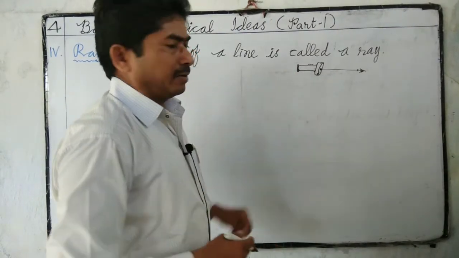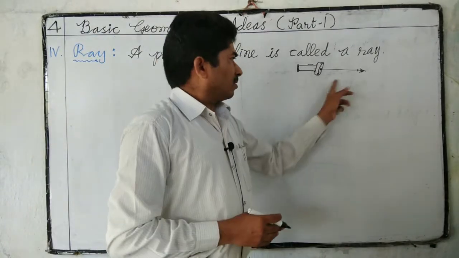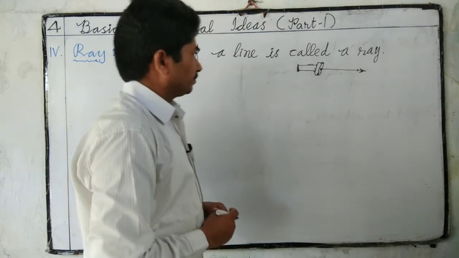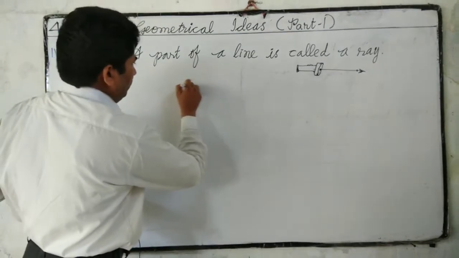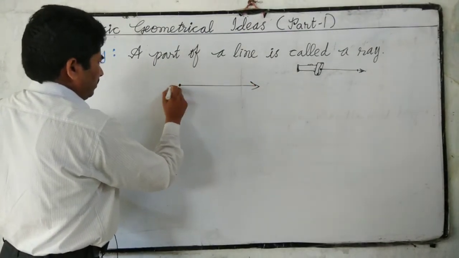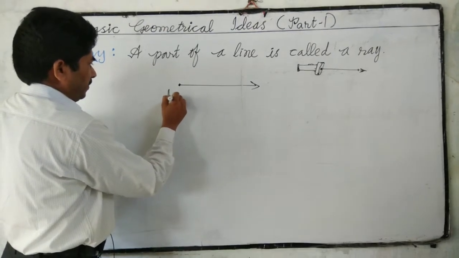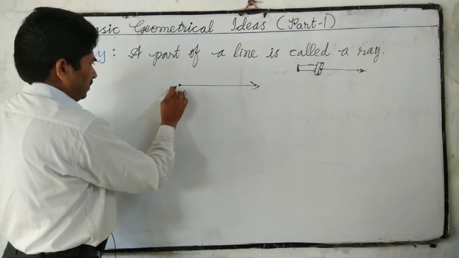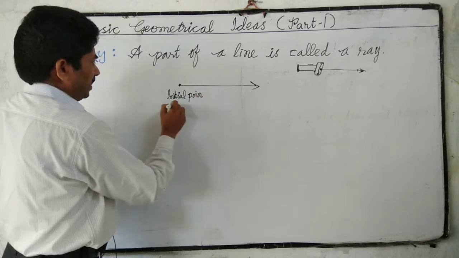Example, sun rays, torchlight rays, etc. This is one end point or initial point.